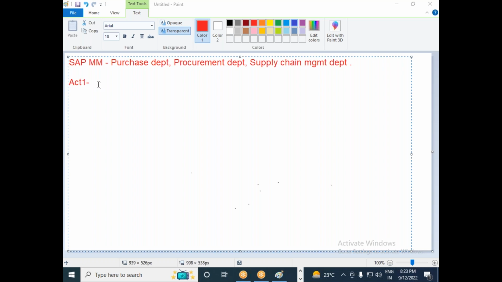Normally a purchasing department will perform two activities. One is procurement of various types of materials.